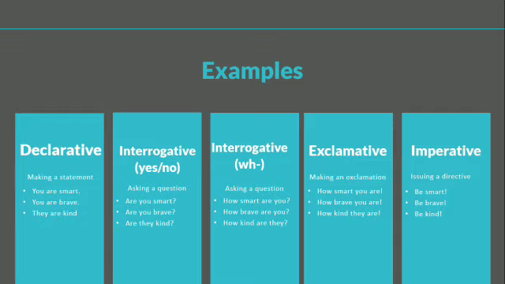And then the next one is interrogatives, but we have two kinds of interrogatives here. The first one is yes or no interrogative. This clause is used to ask a question that requires a yes or no answer. For example, are you smart?